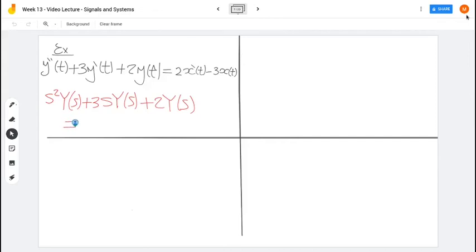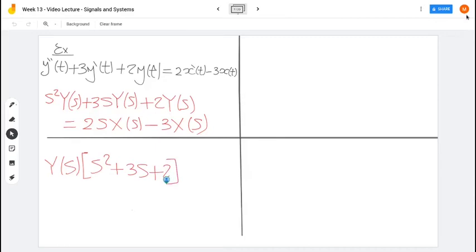This equals 2s X(s) minus 3X(s). Now we can simplify to obtain Y(s) times (s squared plus 3s plus 2), which equals X(s) times (2s minus 3).